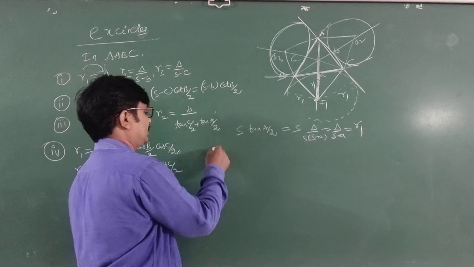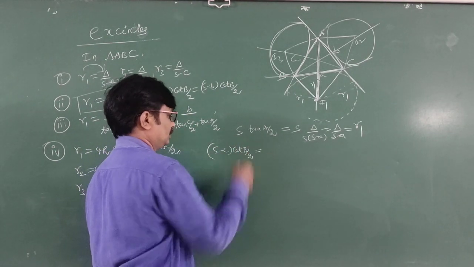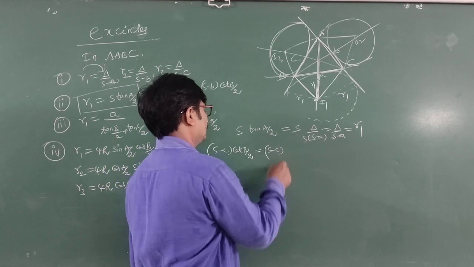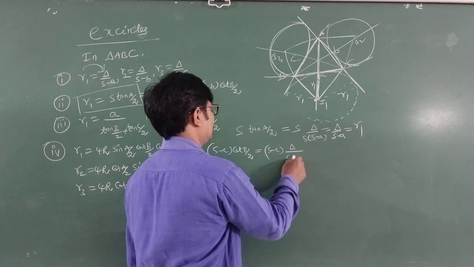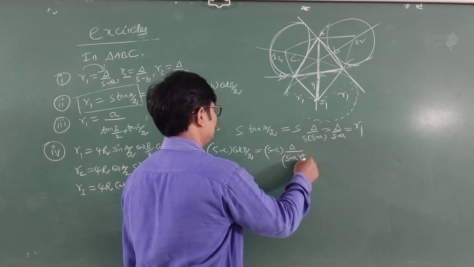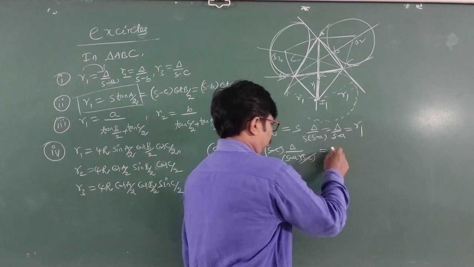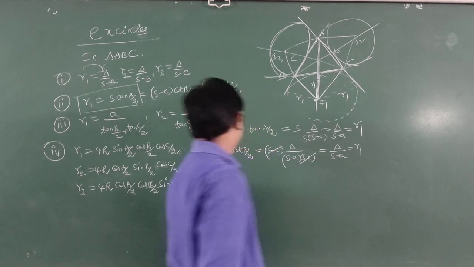Similarly students, S minus C into cot of B by 2. The (S minus C) cot B by 2 can be written as delta by (S minus A) into (S minus C). These are cancelled. Delta by (S minus A) is nothing but R1.